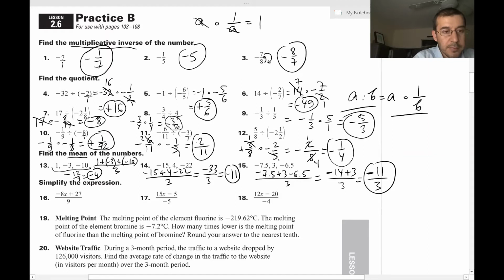Simplify the expression. So we have division, so this is the same thing as minus 8x plus 27 divided by 9, right? And this is the same thing as minus 8x plus 27 times, this is 9 over 1, so this is going to be 1 over 9. Right? Now we're applying the distributive property. So minus 8x times 1 over 9, and then plus 27 times 1 over 9.